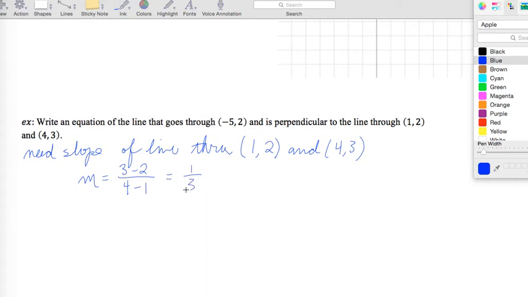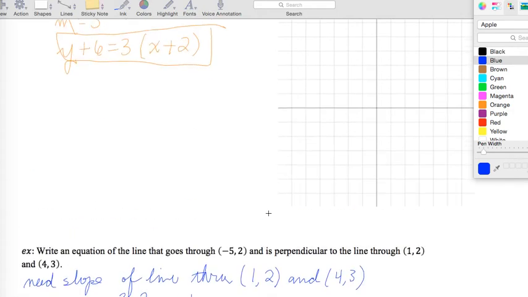So I get 1/3. So the negative reciprocal of that then is we flip it upside down, we get 3 over 1 again, but this time it's negative because this slope is positive. So the slope of our line is negative 3, and it goes through the point (-5, 2). So y minus 2 equals -3 times x plus 1.